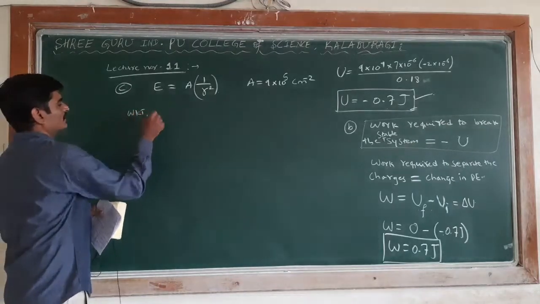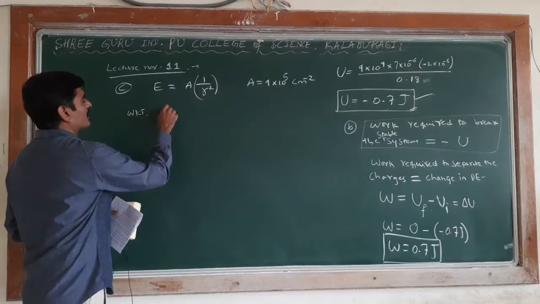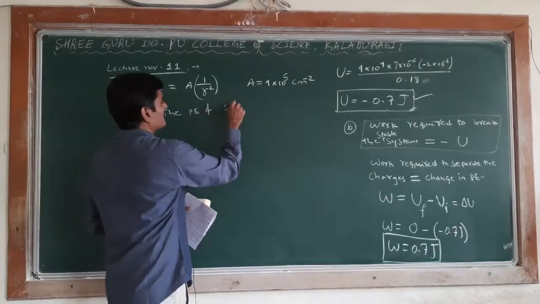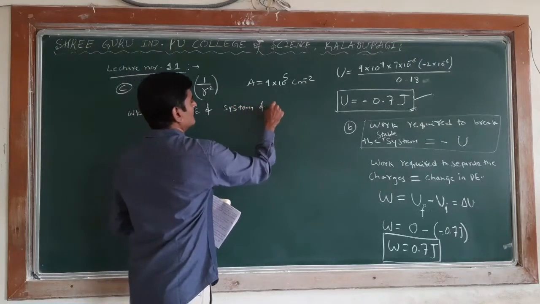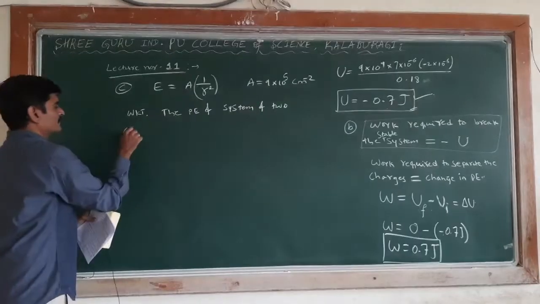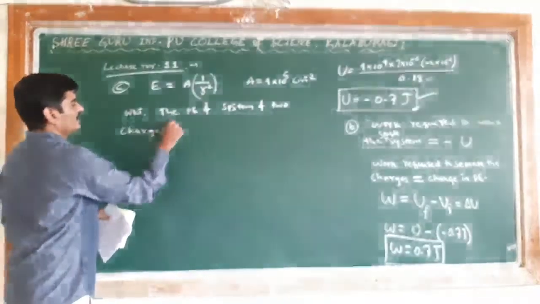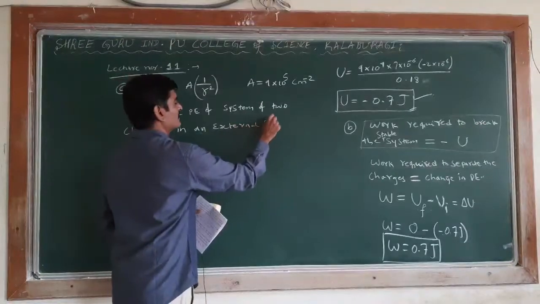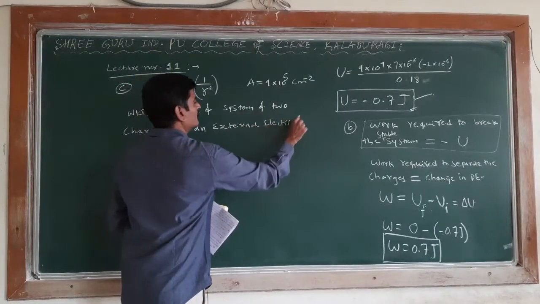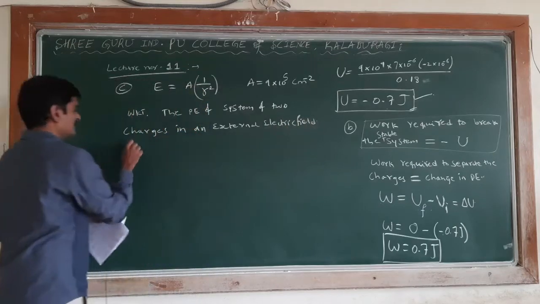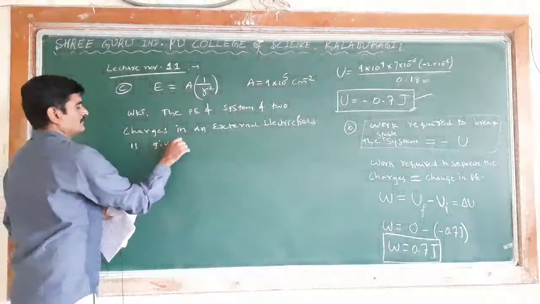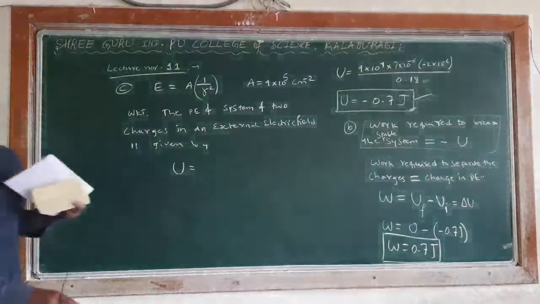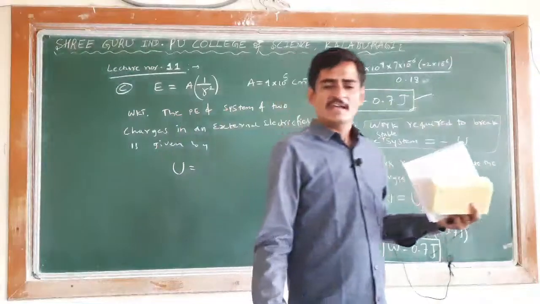So we know that the potential energy of a system of two charges in an external electric field is given by U is equal to, we have already studied the potential energy of a system of two charges in an external electric field.